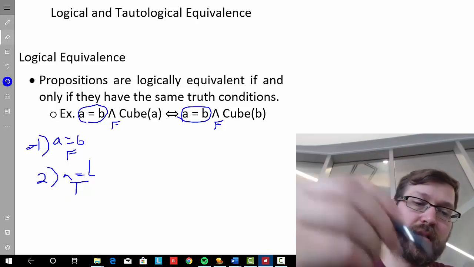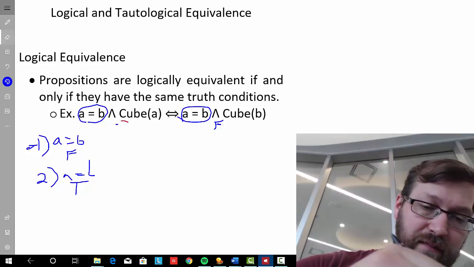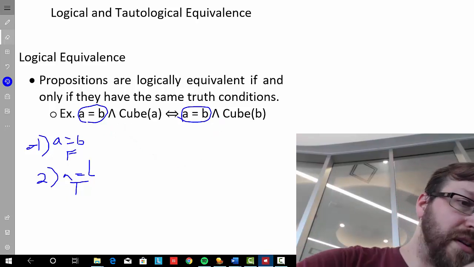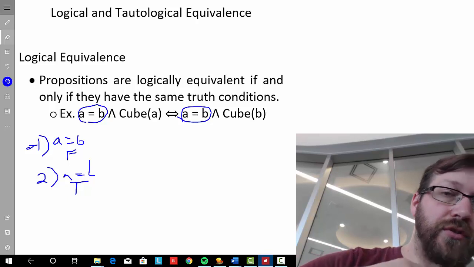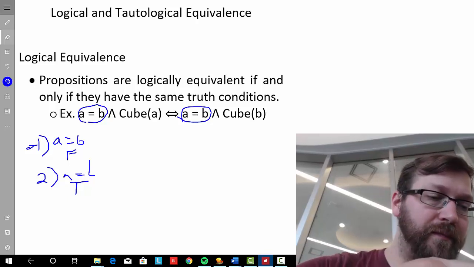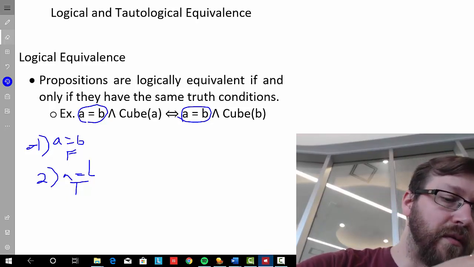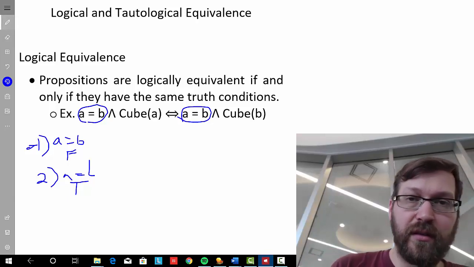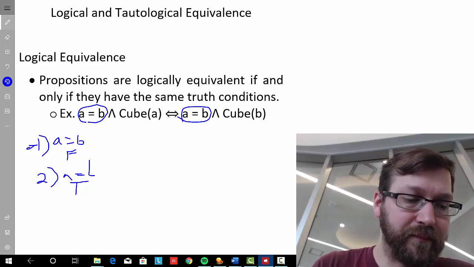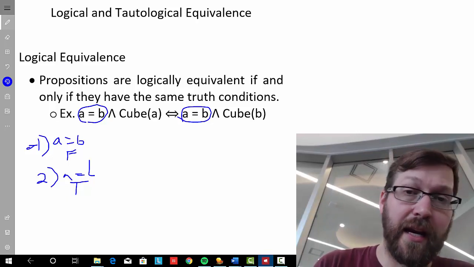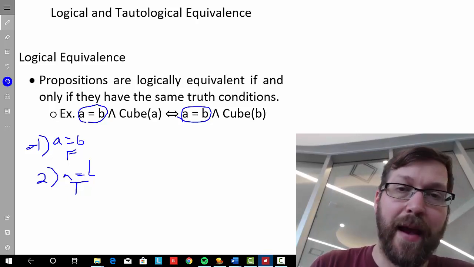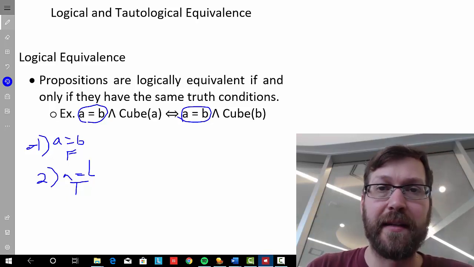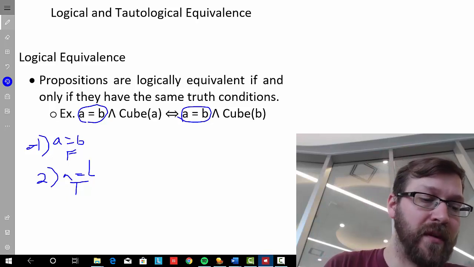So in that situation, we don't yet know whether these conjunctions are true or whether they're false. But what we do know is that under this situation where A really is B, then no matter what shape A is, B will also be that shape, and no matter what shape B is, A will be that shape as well.